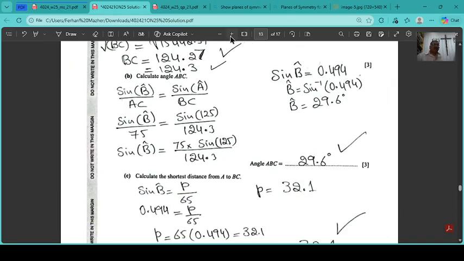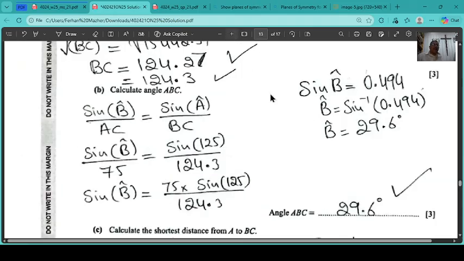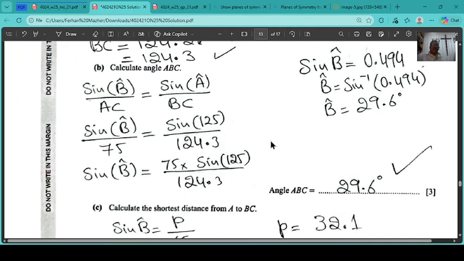According to the law of sine, sine of B divided by the AC side is equal to sine of A divided by the BC side. So sine of B divided by 75 equals sine of 125 divided by 124.3.